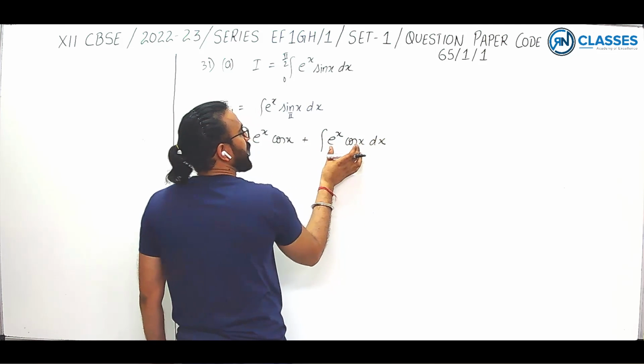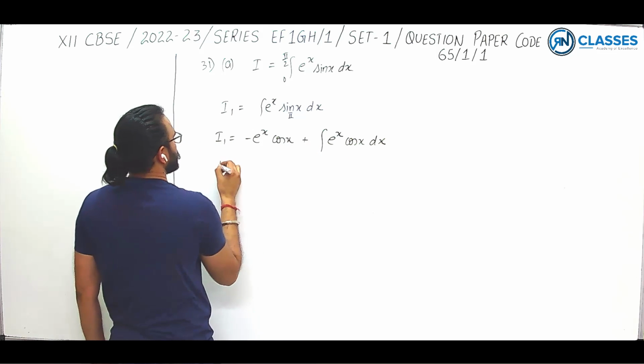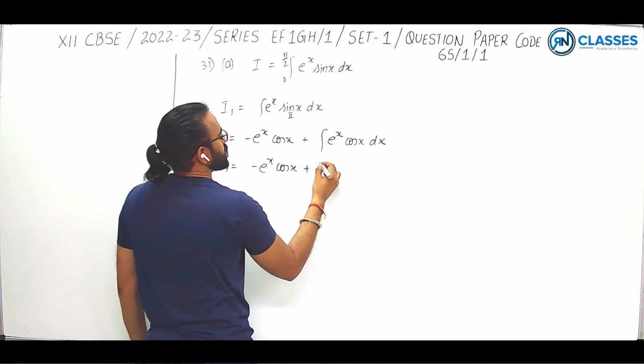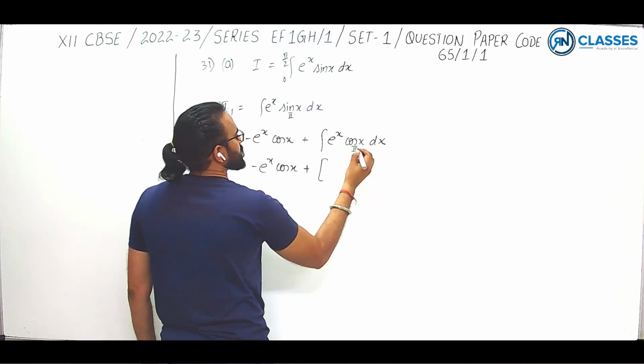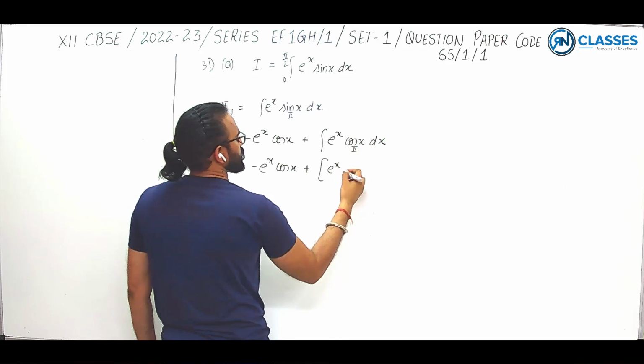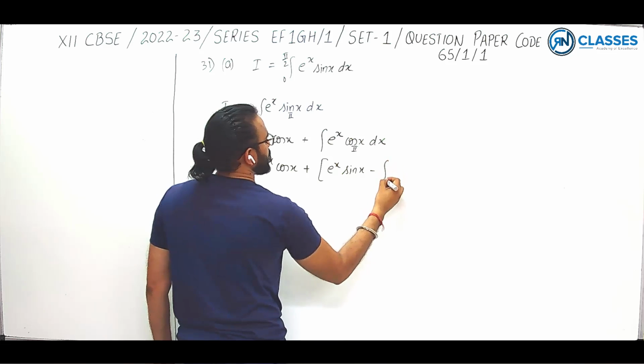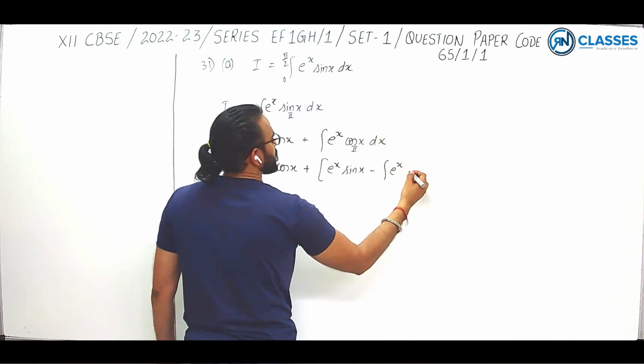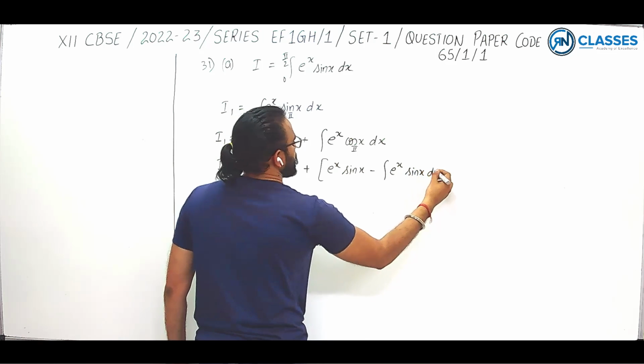Again applying by parts in this part, minus e power x cos x plus, again treating sin x as second function, first as it is, integration of second, minus whole integral e power x, derivative of first, integration of second, that is sin x dx.